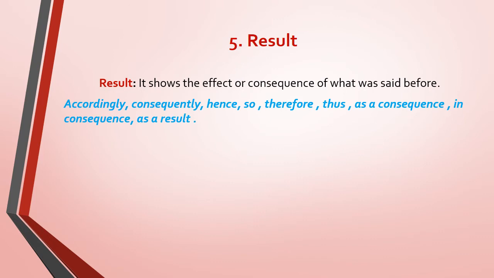We have a set of conjuncts: accordingly, consequently, hence, so, therefore, thus, as a consequence, in consequence, as a result. Always remember that you should not change these phrases, they are fixed. You are not allowed to change the preposition or an article in them.